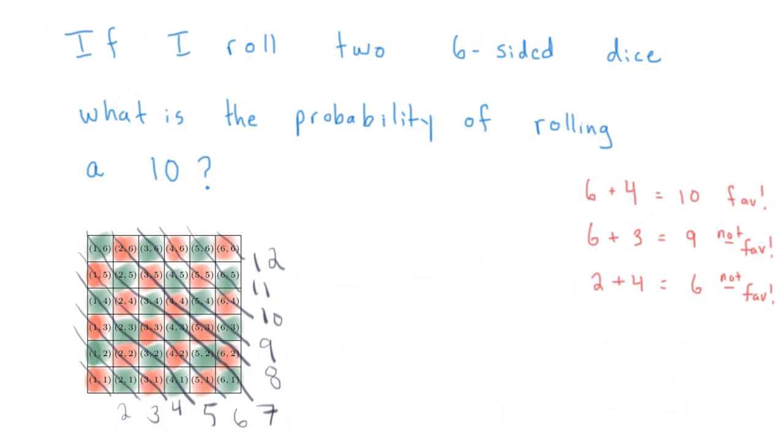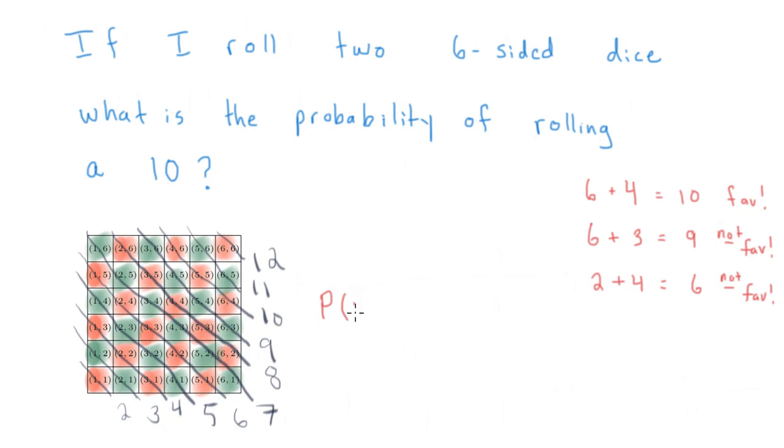So now it's really easy to see how many outcomes there are favorable to rolling a 10. Okay, so the outcomes are I can roll a 4 and a 6, a 5 and a 5, or a 6 and a 4. So there are three favorable outcomes.